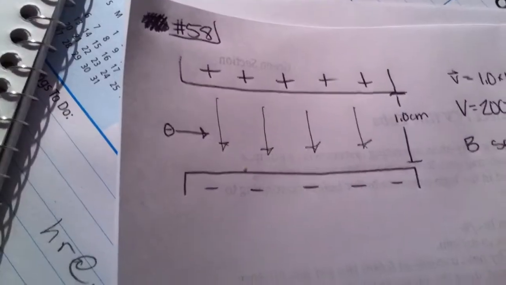So if we add our E field lines, they go from positive to negative, like so.